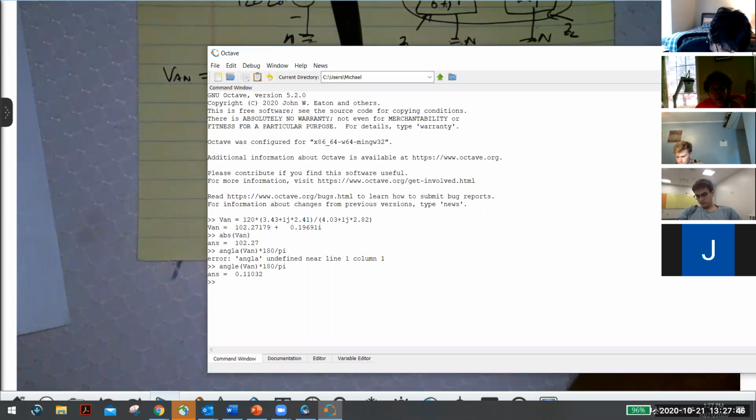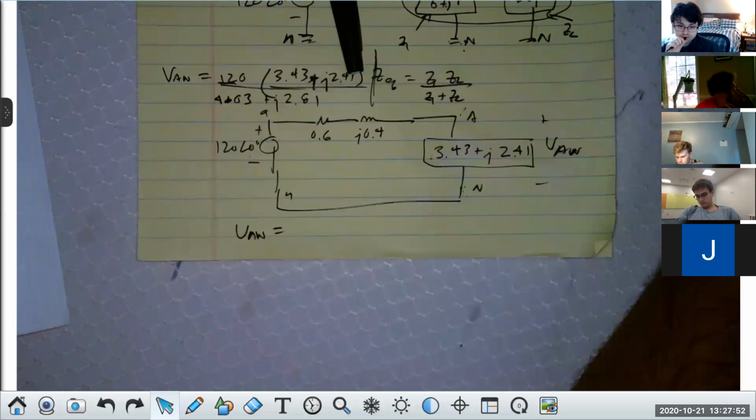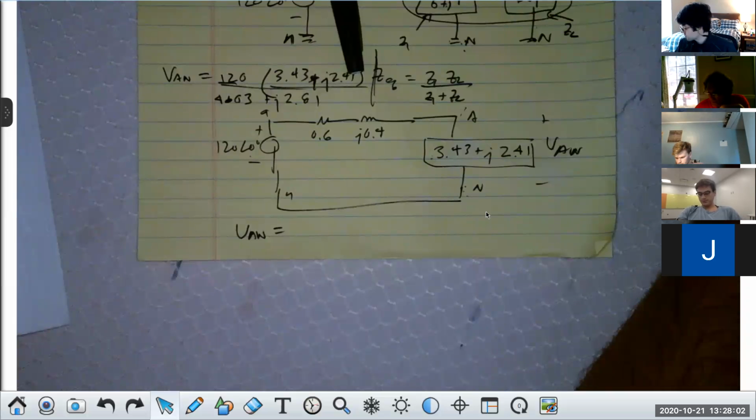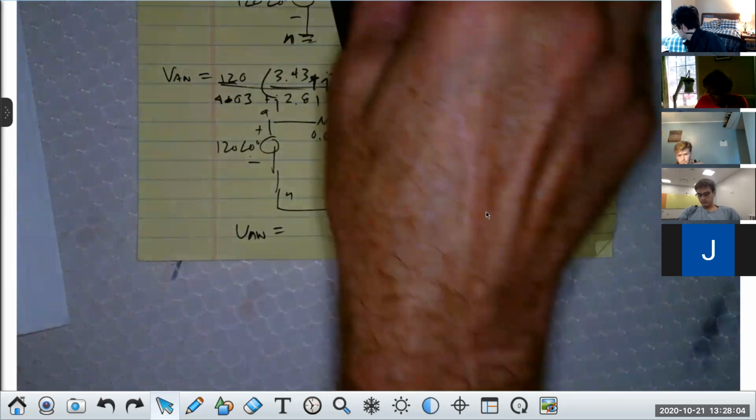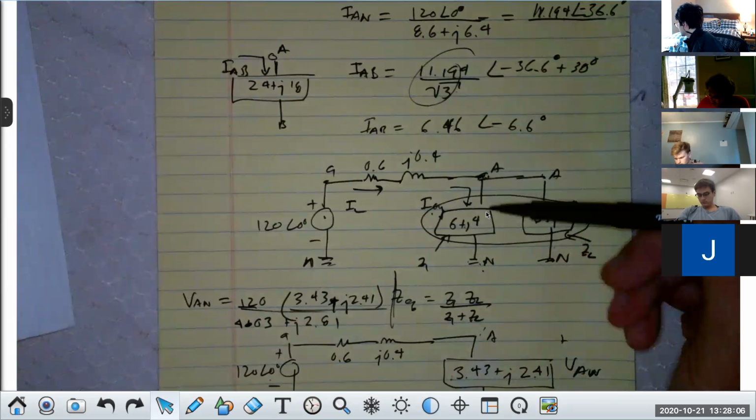All right. Now that's the voltage, from here to here. That voltage is also the voltage across this load, right?